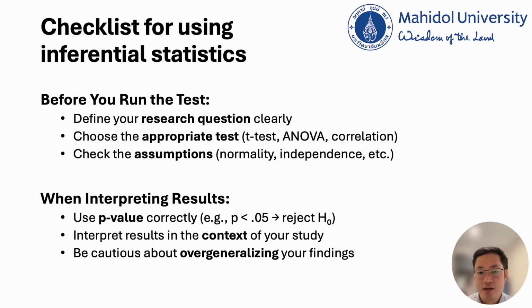Don't forget to check that your data meet the test assumptions, like normality and independence. Once you run the test, interpret the p-value cautiously. A small p-value suggests statistical significance, but you should also think about what it means in real-world terms.